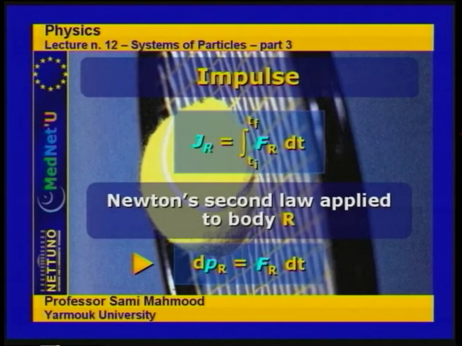That is from Newton's second law, and we have to compare now between these two formulae. Notice that F sub r dt is the same as in the above equation on the right-hand side.